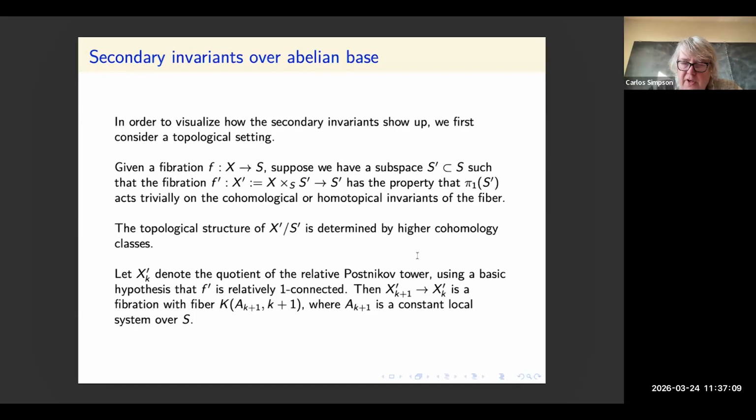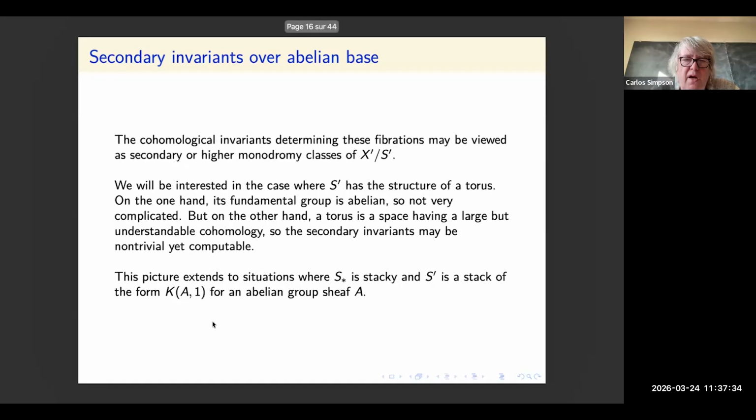Okay, so let's take the Postnikov tower of X_k prime, and then X_{k+1} prime to X_k prime is the Eilenberg-MacLane space fibration K(A_{k+1}, k+1), where A_{k+1} is a constant local system over the base. It's the k plus 1 relative homotopy group. And now this fibration is determined by cohomology classes.